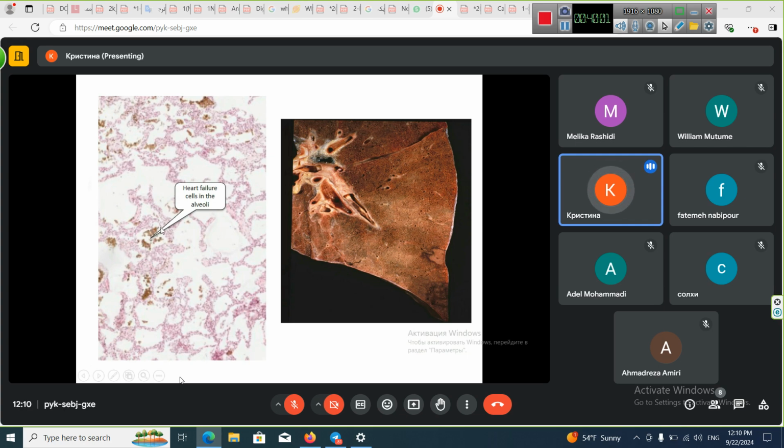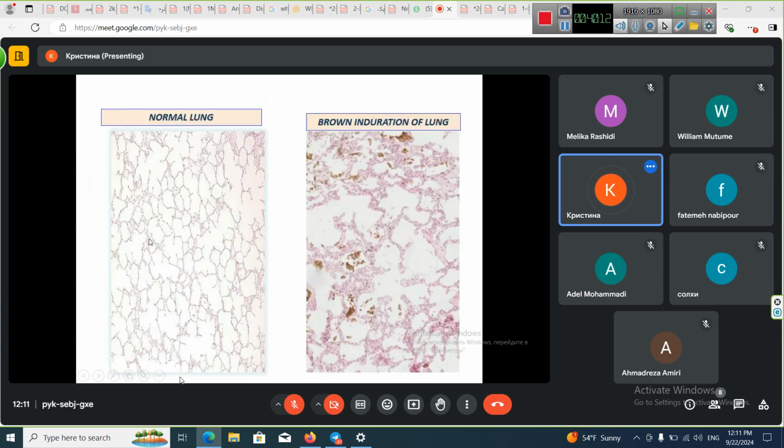And in these areas you see that the inner space of alveolus is filled with heart failure cells. There should be nothing inside the alveoli normally.